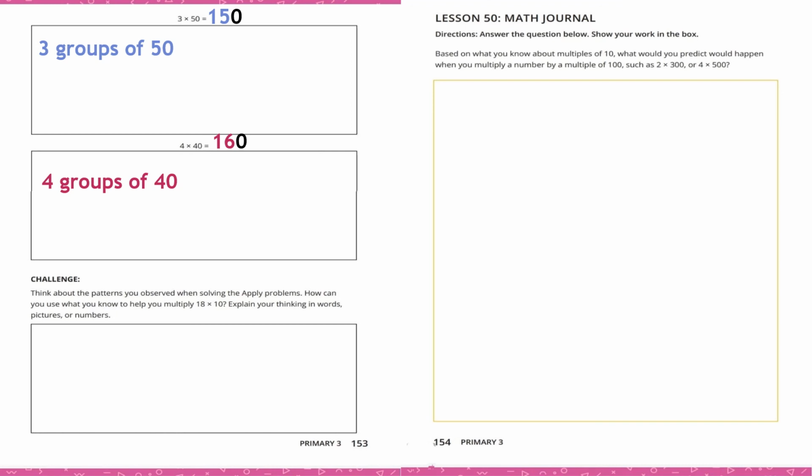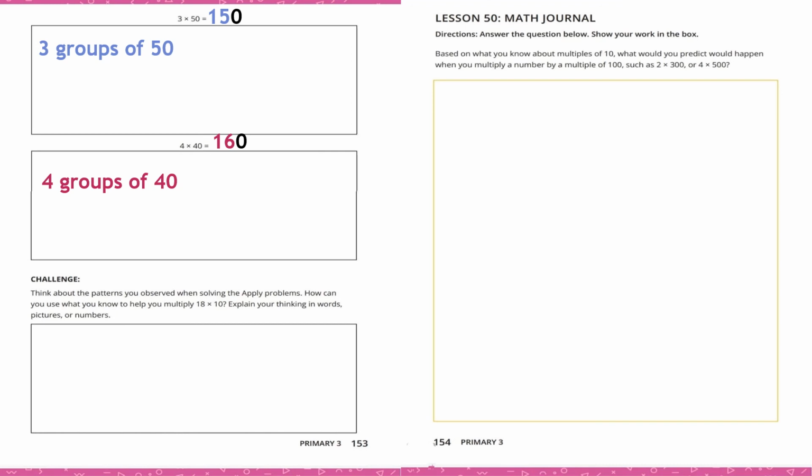Here in Math Journal, based on what you know about multiples of 10, what would you predict would happen when you multiply a number by multiples of 100, such as 2 times 300 or 4 times 500? The same as we did.